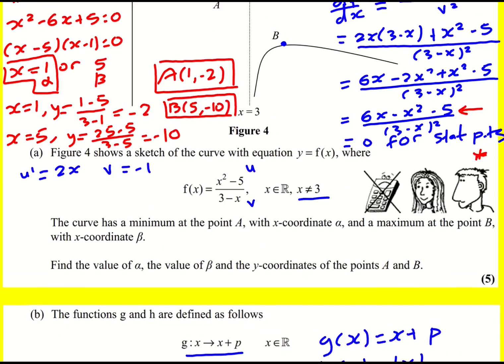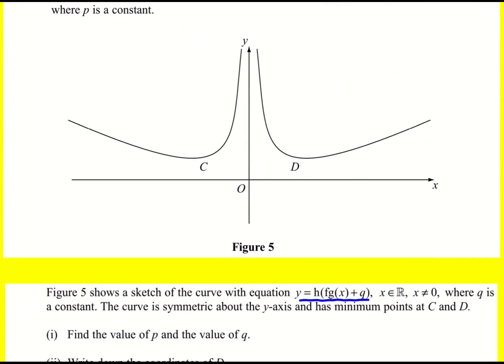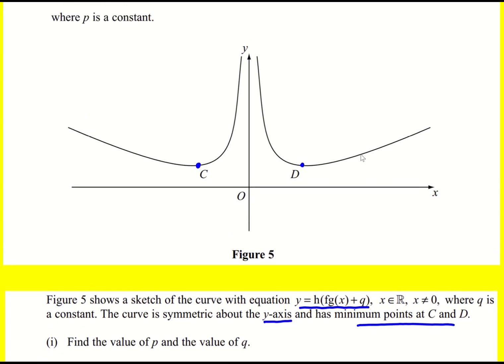And what this does is take us from this equation here to one that has a line of symmetry down the middle. It's about the y-axis. And then the minimum points have the same y value essentially. And then we're asked to figure out what p and q must be.